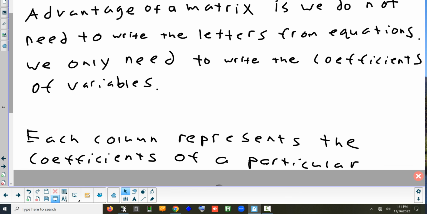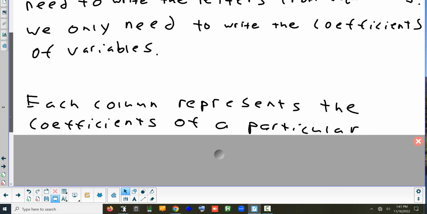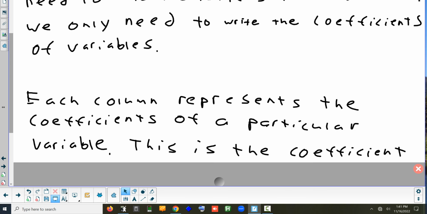So when you want to use a matrix to write your equations, each column in your matrix is going to represent a particular variable. Generally, the first column is x. The second column will represent your y. And the third column will be your z's.